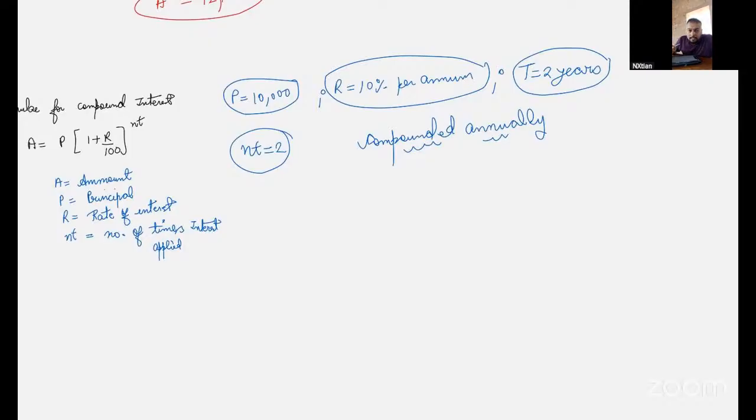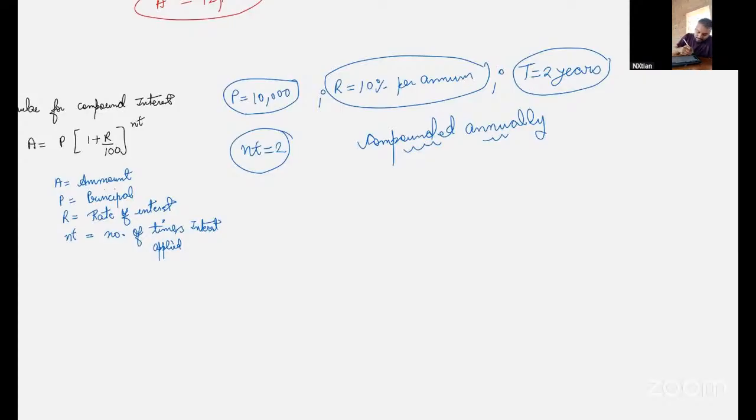Got it, Agatha? Can you say it again? I had some internet problem. I'm saying compounded annually means 1 year. Compounded semi-annually, semi means half, is 6 months. And compounded quarterly means after 3 months. Got it?